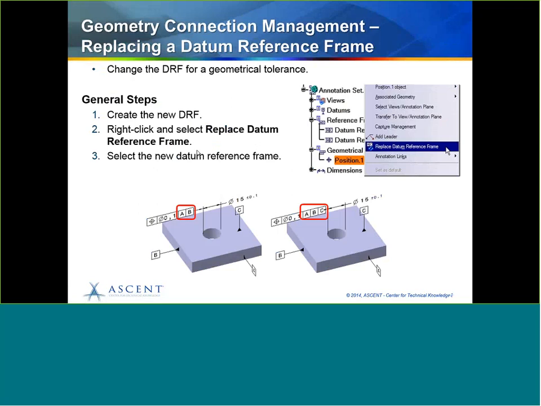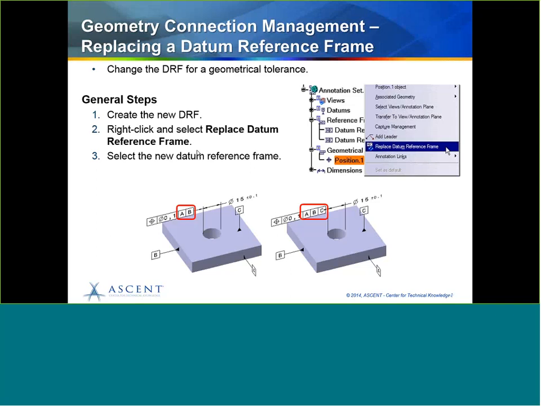The last thing that we'll look at today is changing a datum reference frame for geometrical tolerance. So if we look at this particular example, we have the position tolerance established from datums A and B. And what we really want is that position tolerance to be established from datum A, B, C. So we can change the datum reference frame without having to delete the geometric tolerance that's been created.